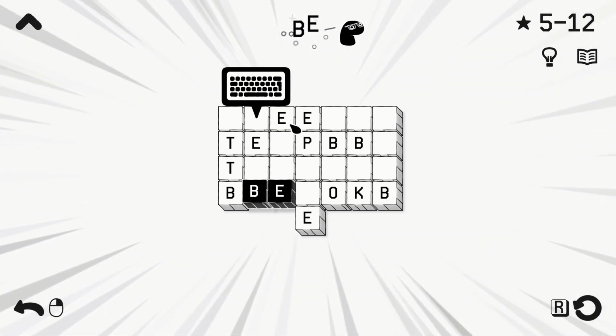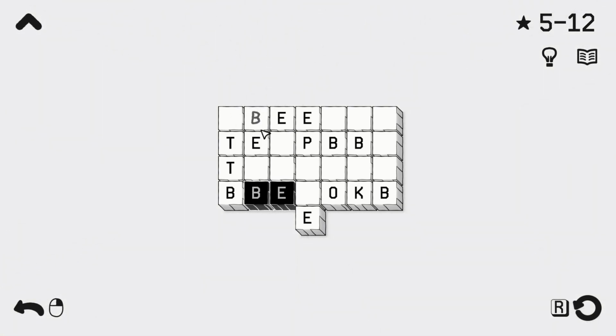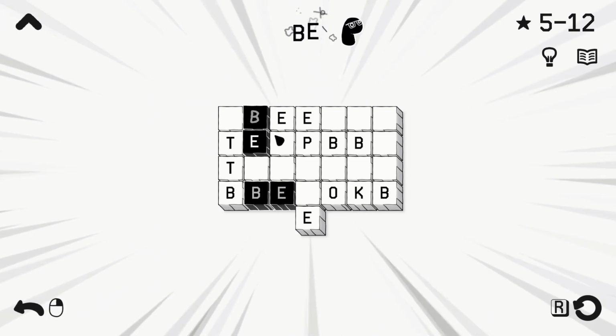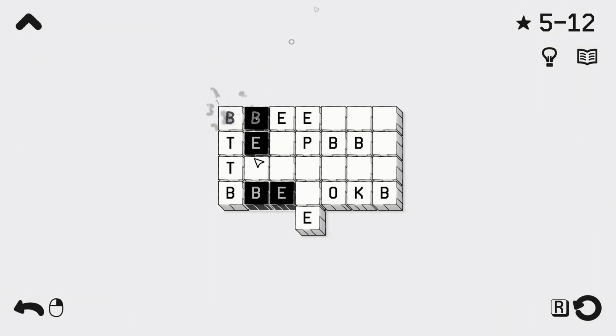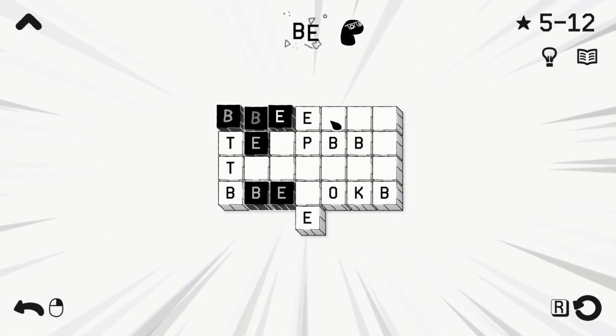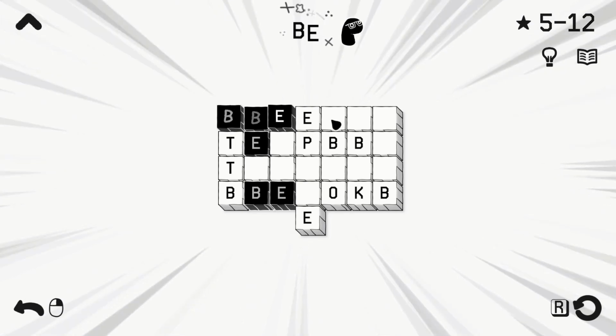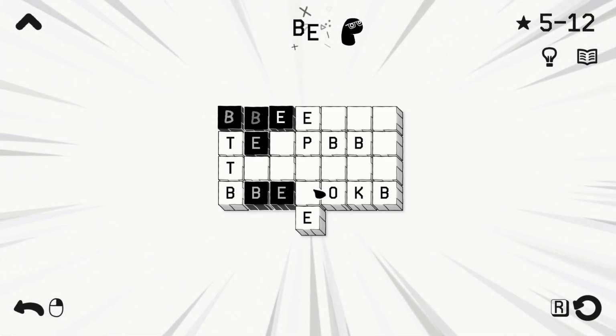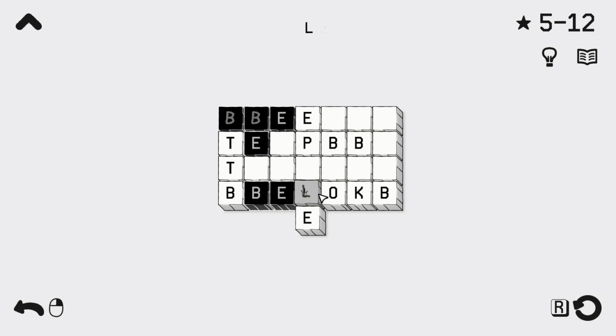I could do this. Do B here. Put a B in that spot. Now I could do lock. But I'm stuck again.